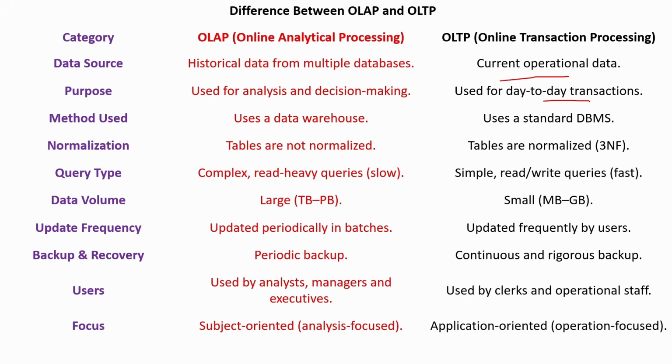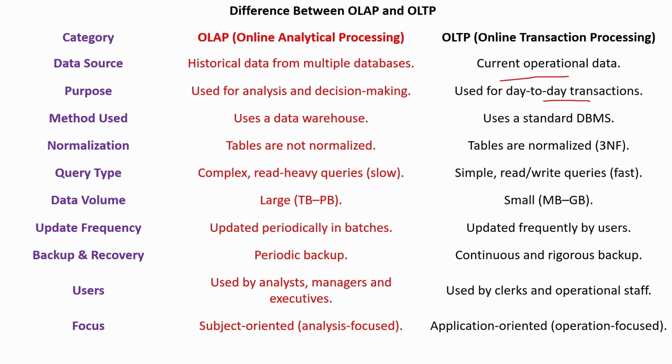If we talk about normalization, we will also cover this in the next hour. In OLAP systems, tables are not normalized, but in OLTP systems, tables are normalized up to third normal form. Don't worry if you know that, that's well and good; if you don't, we will cover it in the next hour.